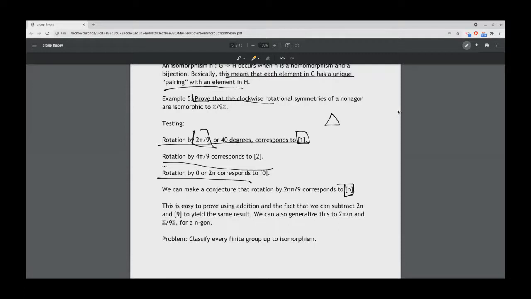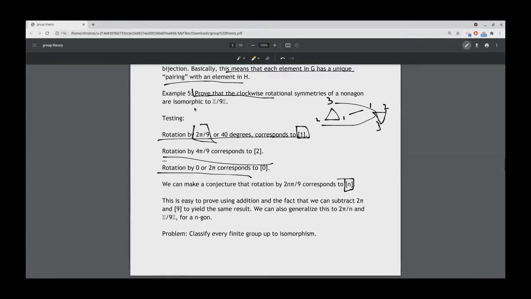If I have a triangle here, and a triangle over here, this is 1, 2, 3 and this is 1, 2, 3. These ones match up, these twos match up, and these threes match up because they're counterparts in the congruence. So it's just like this with each member of the group.